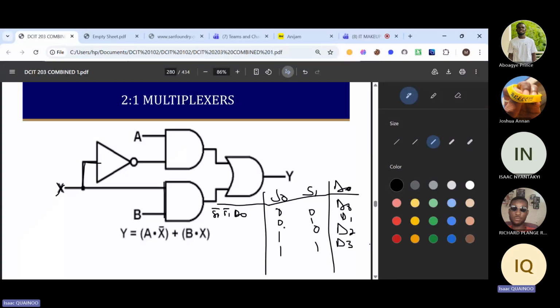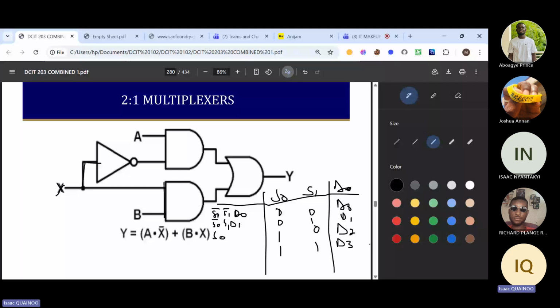But here, if S0 is 0, which is S0 prime, and then S1 is 1, so S1, then D1 will be selected. Then if S0, then S1 prime, S1 is 0, so prime or complement, then D2 will be selected.